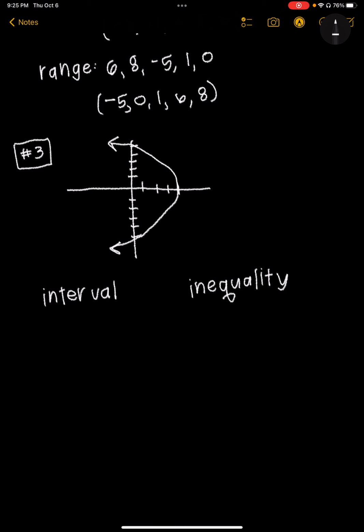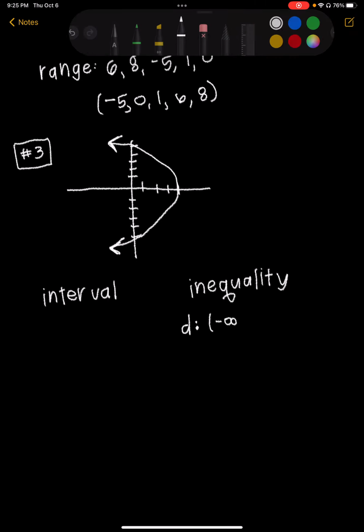Remember, the domain is the x values. So when we're doing this with a solid line, we want to say, for the domain, what's the leftmost x, and then what's the rightmost x. In this case, because of these arrows right here, the graph would just go on forever and ever to the left, which means my leftmost x is -infinity.